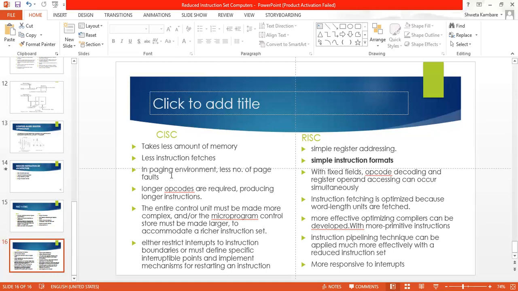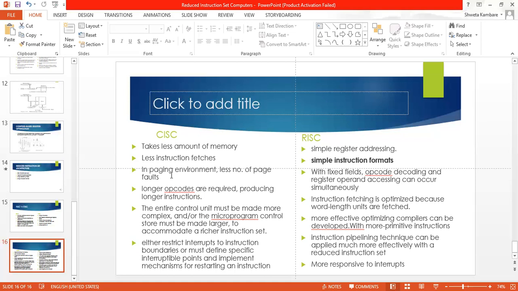The second way means you first execute the instruction, that is, restrict interrupts to instruction boundaries. The first way is to define specific interruptible points and implement mechanisms for restarting an instruction. I hope that is clear.